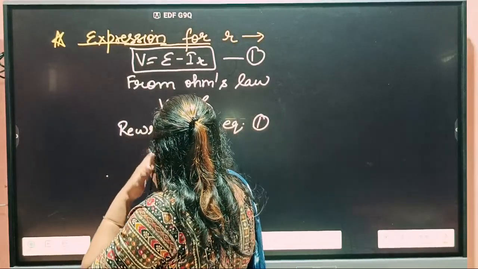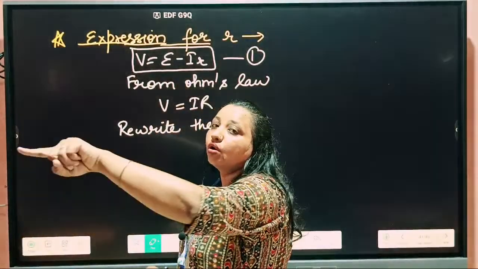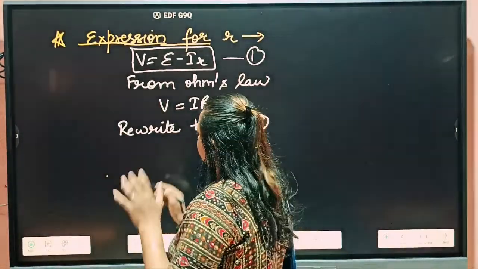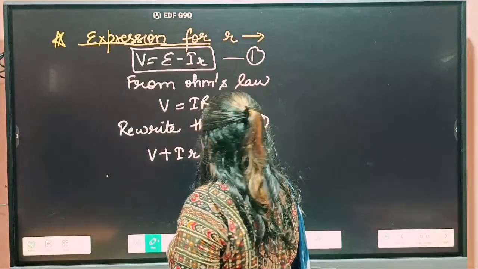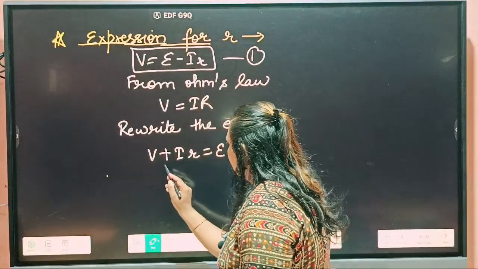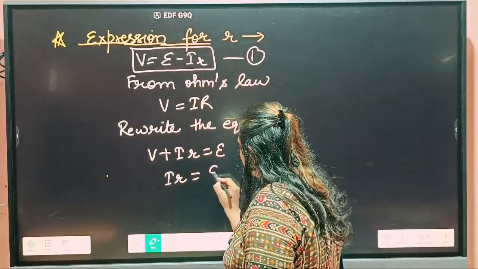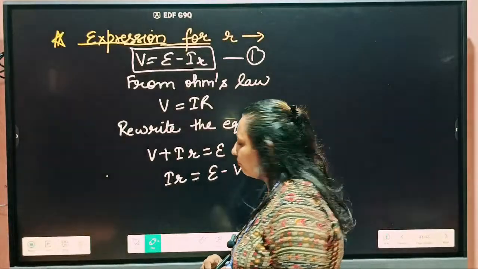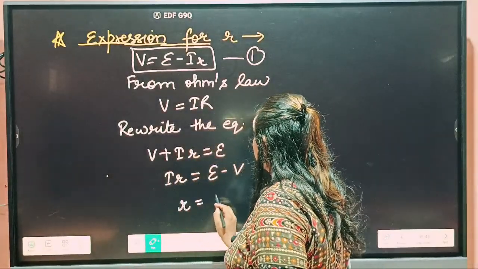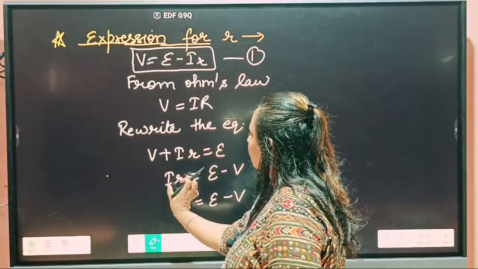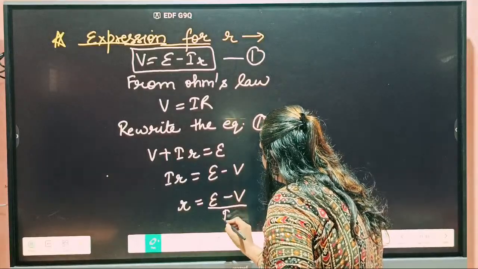IR has a minus sign; when it goes to the other side, it becomes positive. So V plus IR is equal to EMF. Then IR is equal to EMF minus V. Now R is equal to EMF minus V, divided by I, since it is multiplied on one side and goes to the other side as a division.